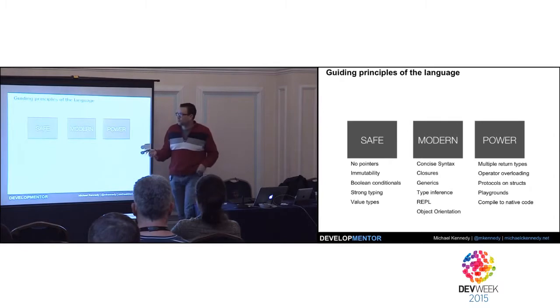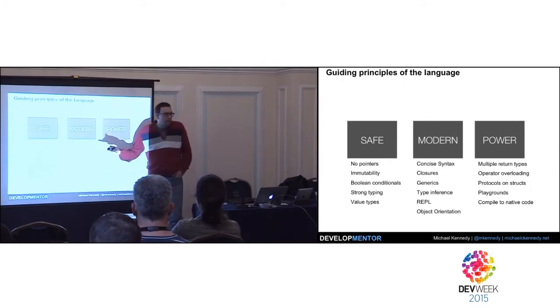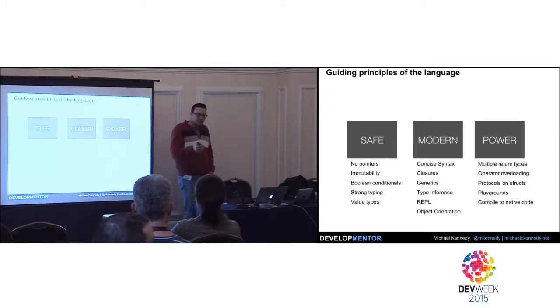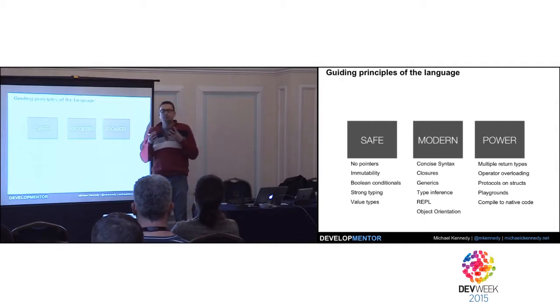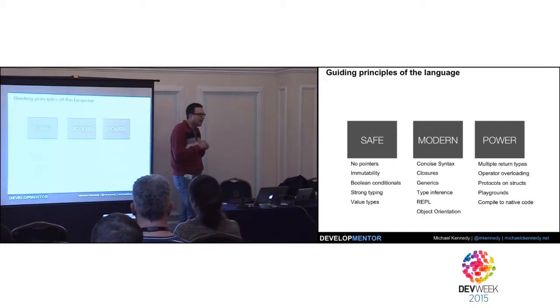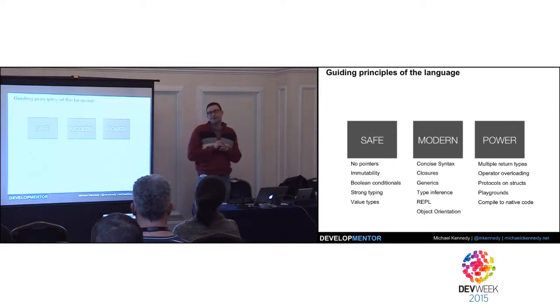Well, there's a bunch of parts to it. It doesn't allow you to use direct pointers. This is very much like C#, Java, Python, and so on. It deeply embraces the concept of immutability. Think, if you've done C++, of something like the const keyword.